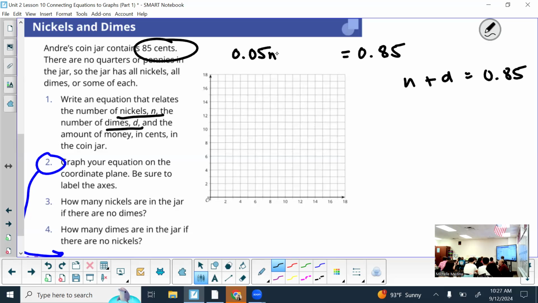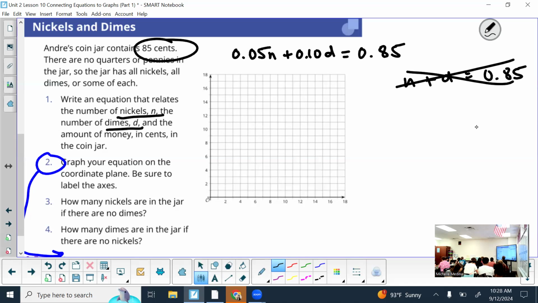You can just imply multiplication by not leaving a space. What about the dimes that are contributing to it? Good. So this can be an equation that represents it.